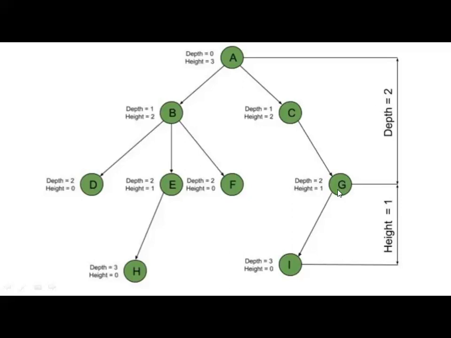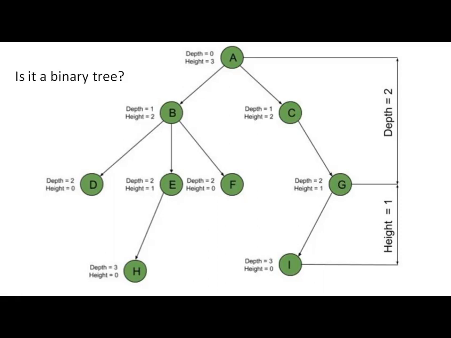And height of node G means from this node to its longest leaf node. There is only one leaf node, so there is only one edge. That's why the height of G is 1. This way we can write the height and depth of each node.